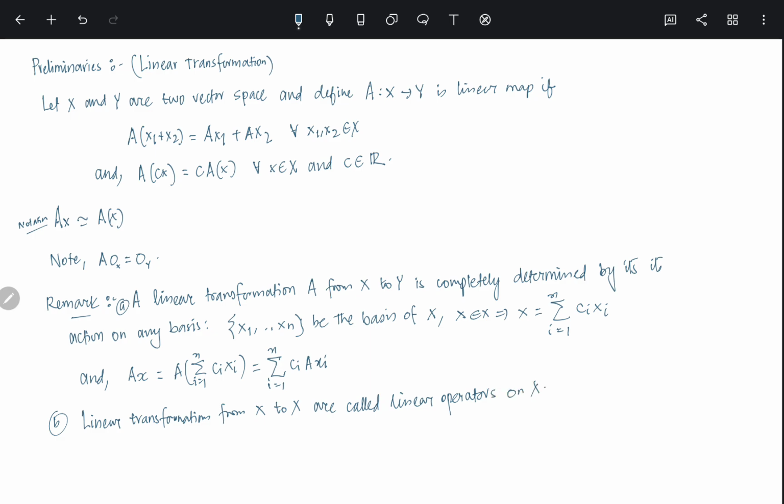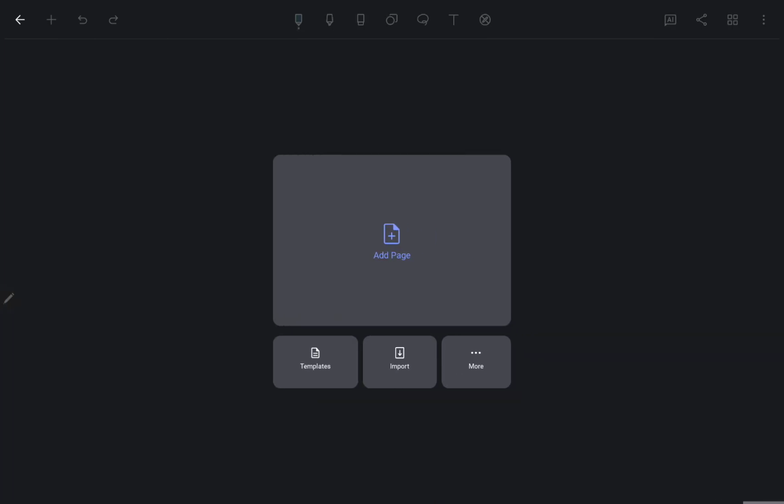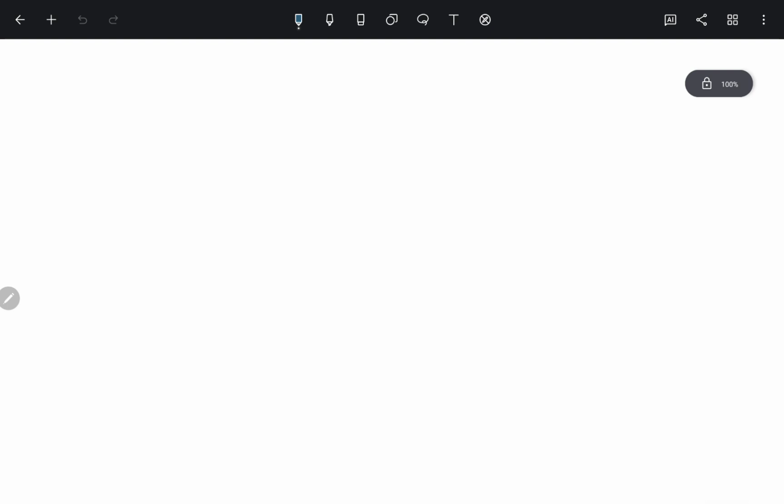So now we want to find out some properties that can be satisfied by a linear operator. Let's look at a small theorem.